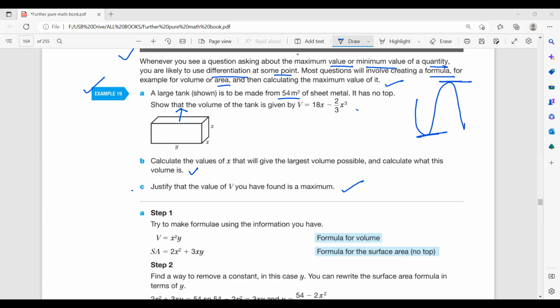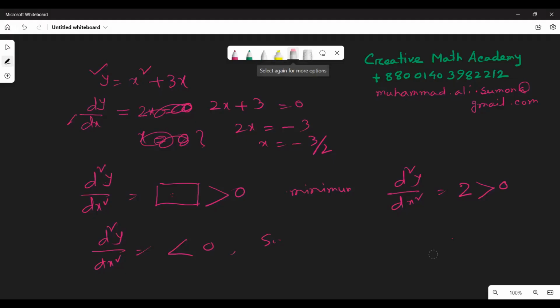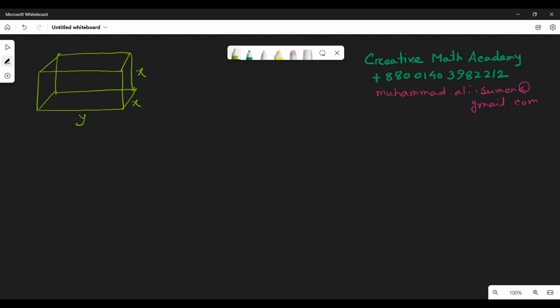Now see, this is the tank. Its upper side is blank, no top, and it is made from 54 meters square of sheet metal. So at first we have to find the total surface area of this tank.